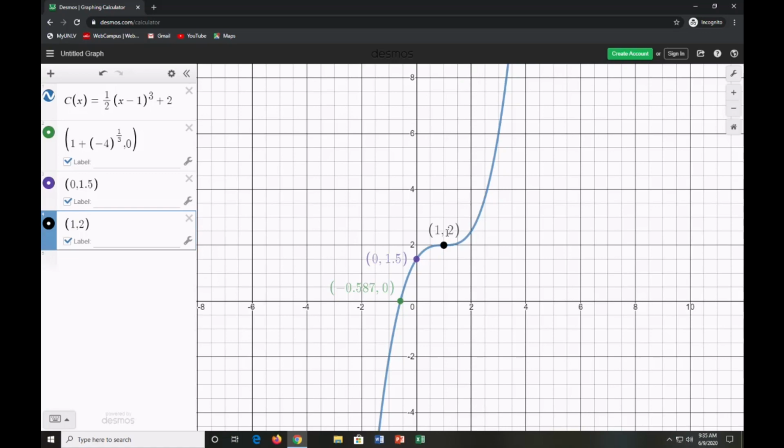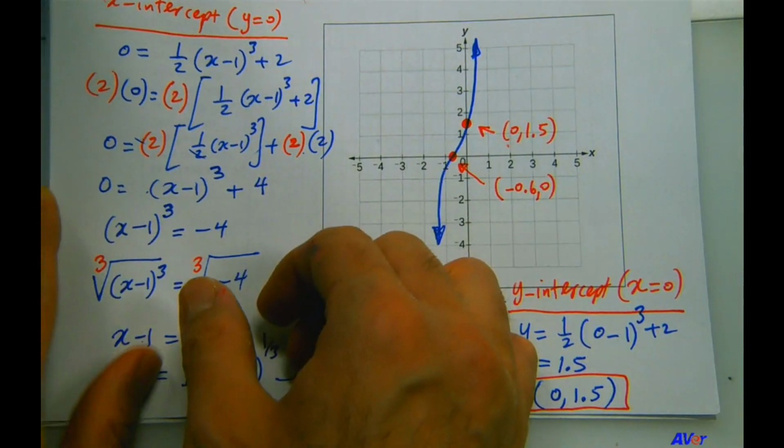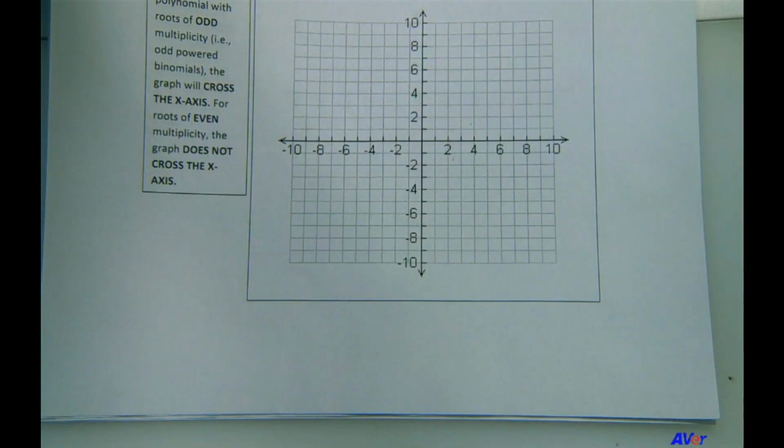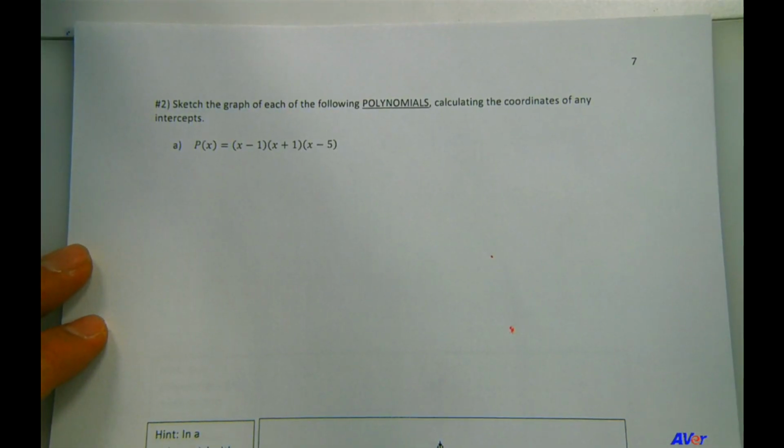So let's switch back to the document camera. Okay, so here it says, sketch the graph of each of the following polynomials. We got to the polynomials.